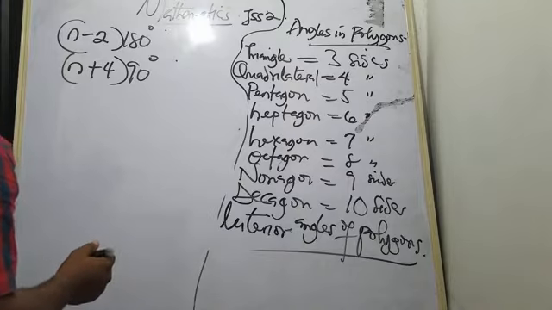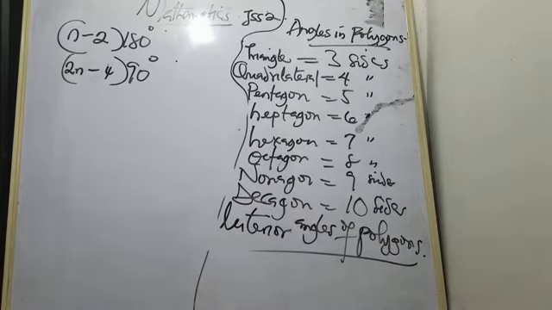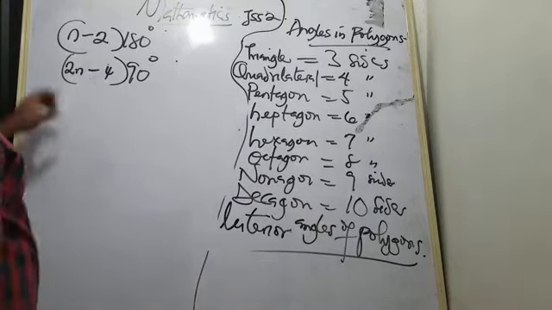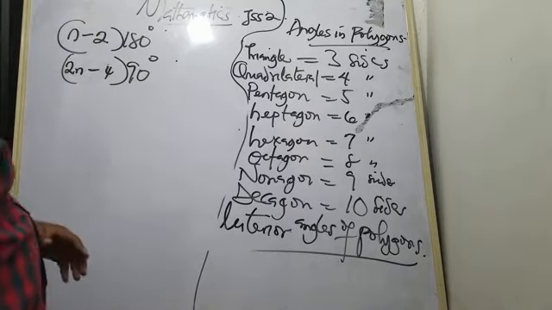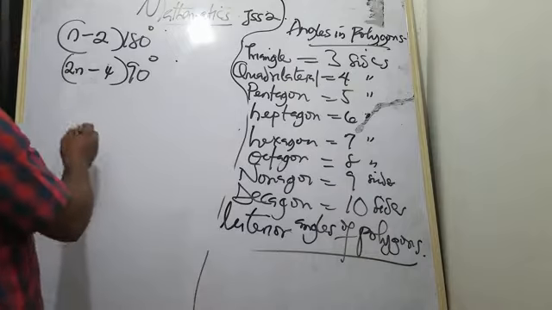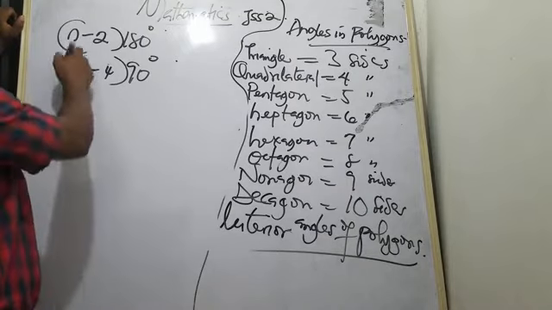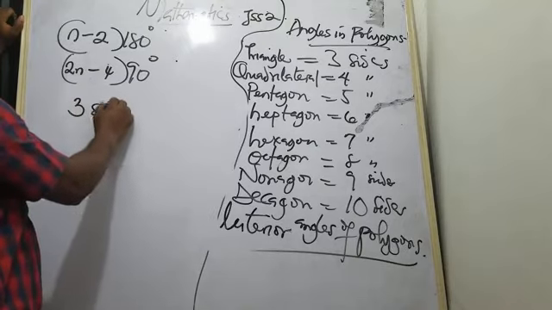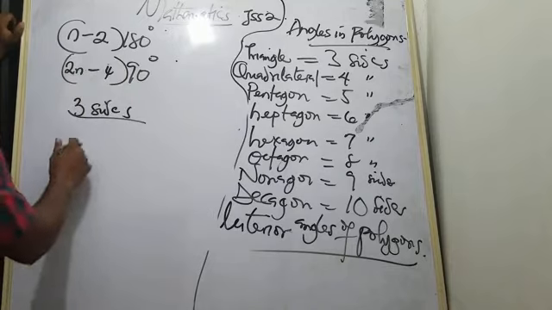This is another way to calculate interior angles of polygons. Now, these are the 2 formulas to get interior angles of polygons. Now, if we have a polygon with 3 sides, what's the sum of angles in a triangle?